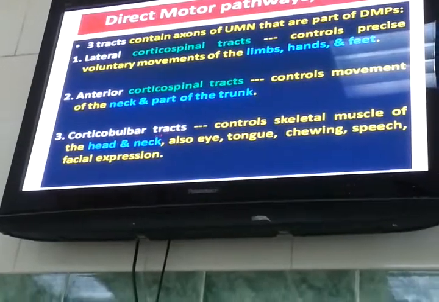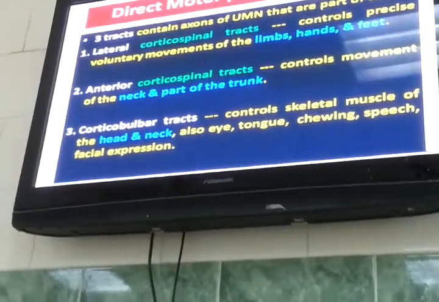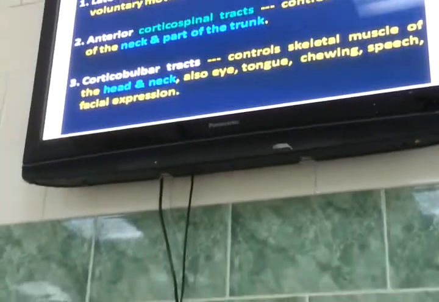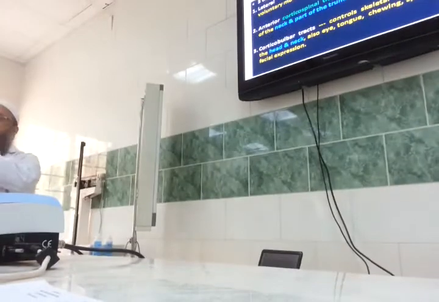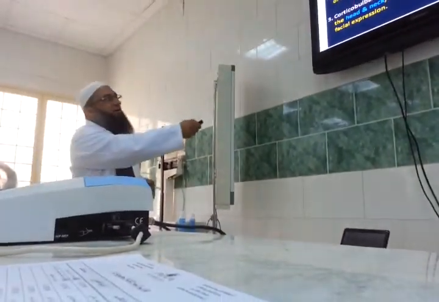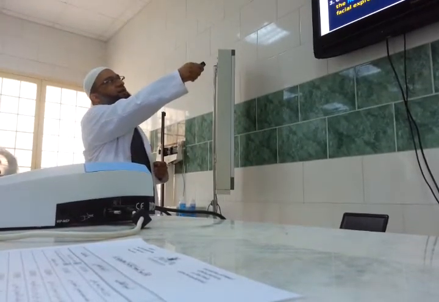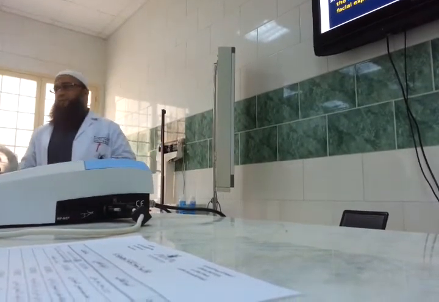And corticobulbar tract controls the movement of the head and neck, also eye movement, tongue movement, swallowing movement, and all facial expressions. These muscles are controlled by the corticobulbar tract. All these 3 are commonly called direct motor pathway.